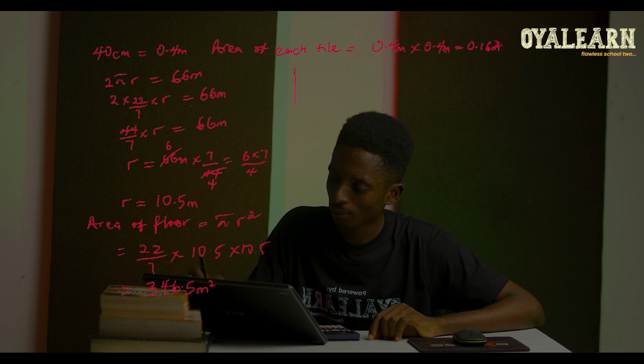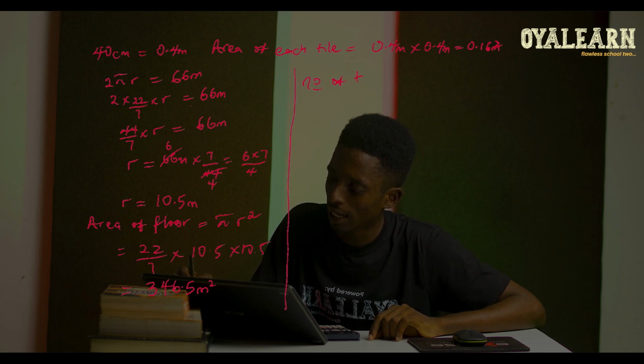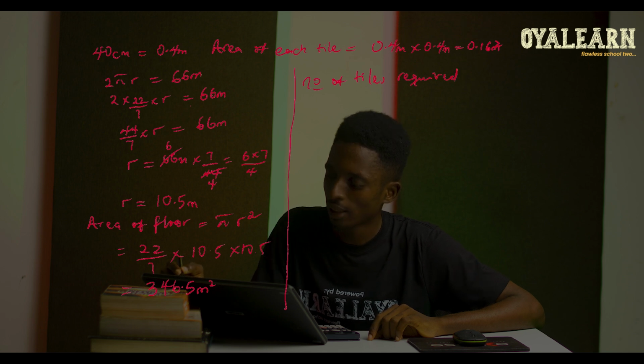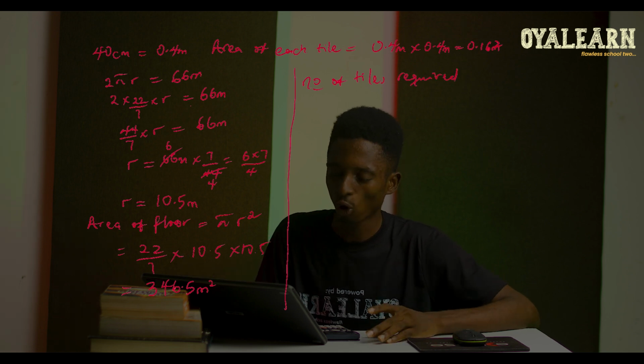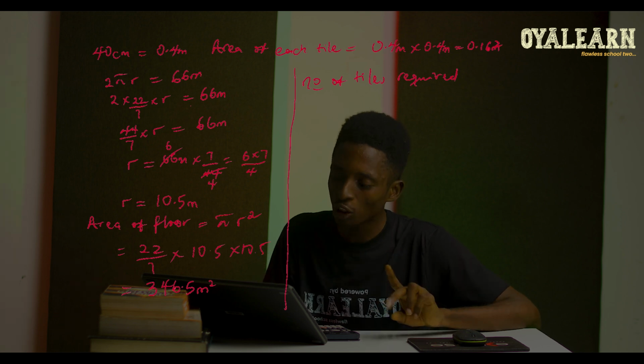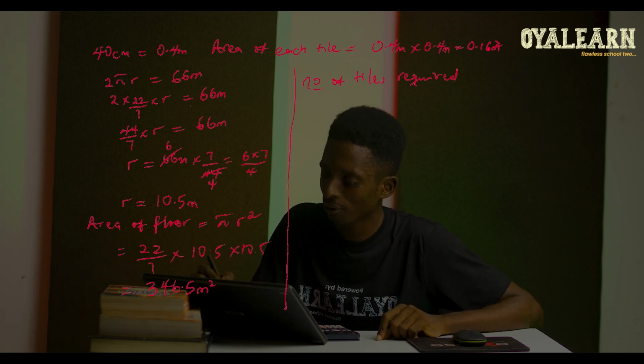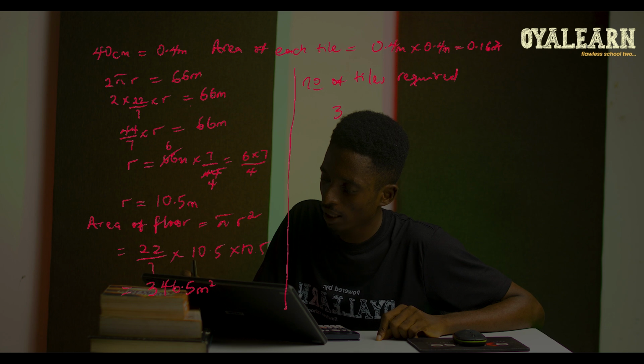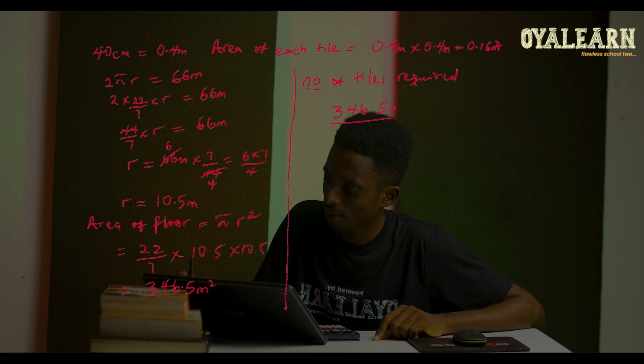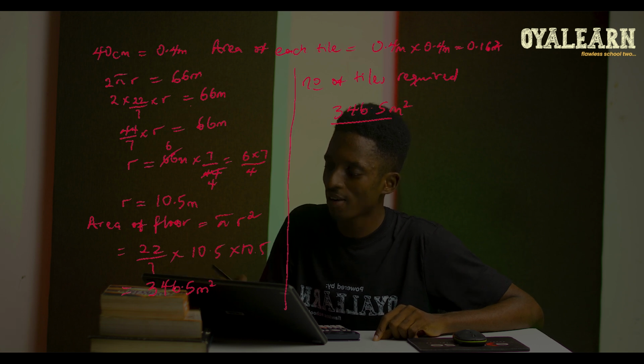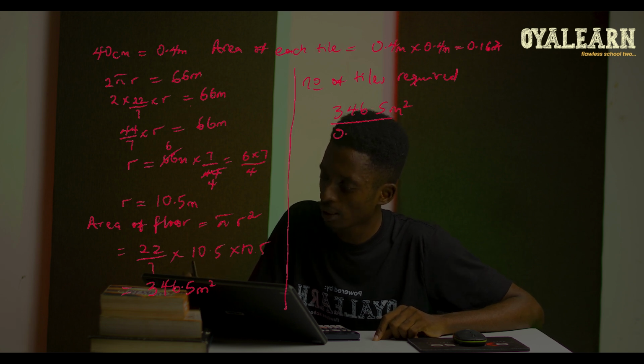So now that we have the area of the floor, we can find the number of tiles required. This would be the area of the floor divided by the area of each tile. So that is 346.5, remember this is in meters squared, divided by the area of each tile, which is 0.16 meter squared.